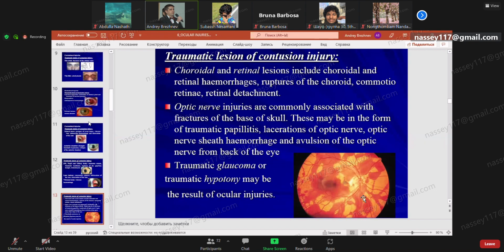Other changes in case of contusional injuries are associated with a change of the intraocular pressure. It may be of two types. It may be increased intraocular pressure with the development of traumatic glaucoma, or on the other hand, it may be hypotony due to damage of the ciliary body. The ciliary body, I remind you, is a structure which produces the aqueous humor.